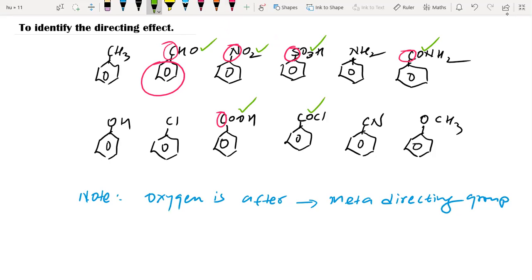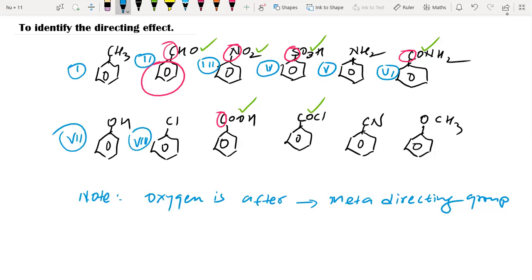So we'll do one thing, we'll put numbers, so this is number one, and then it becomes easy for us to classify. We can say this 8, 9, 10, 11, and 12.